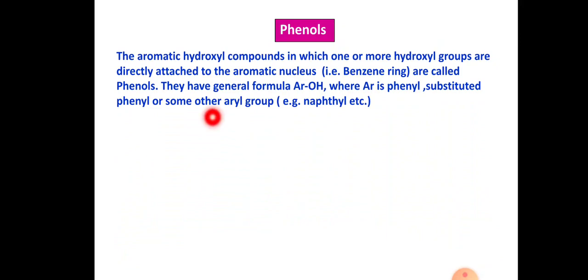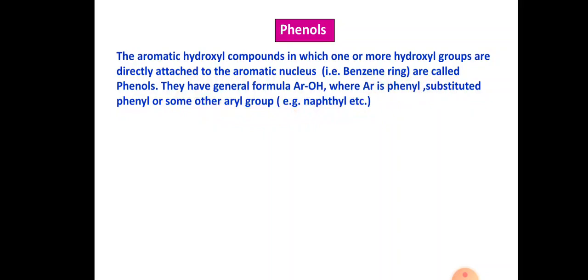The aromatic hydroxyl compound in which one or more hydroxyl groups are directly attached to the aromatic nucleus, that is the benzene ring, is called phenol. That means a benzene ring containing one hydroxyl group, such a compound is called phenol.